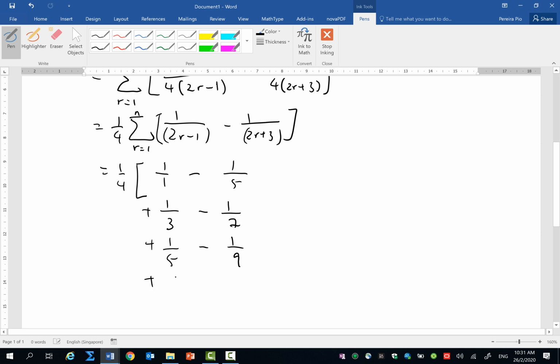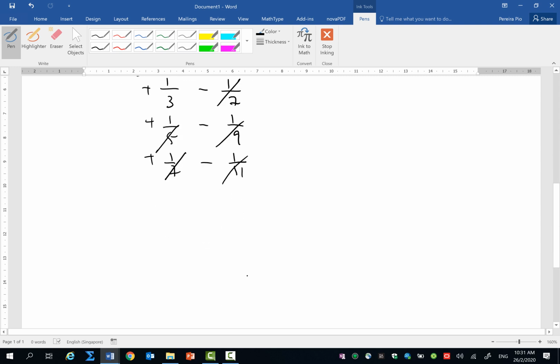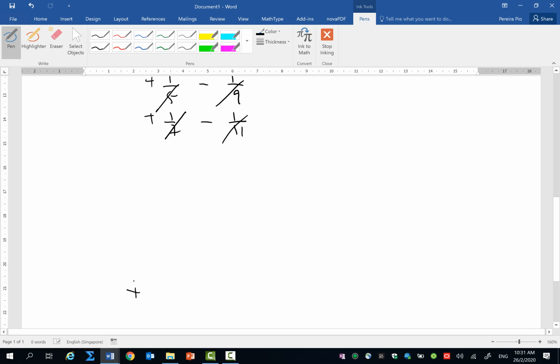And then you have 1 over 7 minus 1 over 11. You realize the cancellation works this way, and you see it's by a difference of 2, which should be the case, because the thing basically cancels two values away. So you've got 4 terms here. Please make sure you write 4 terms.